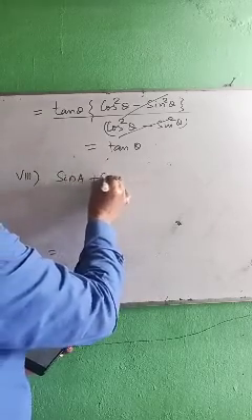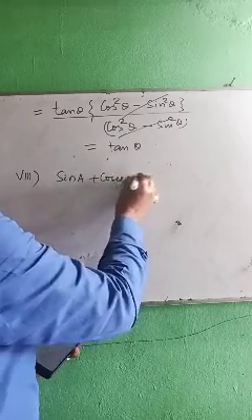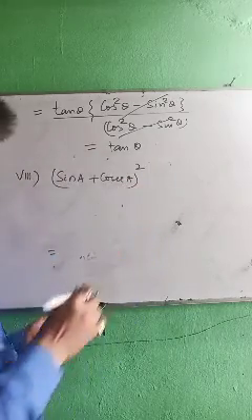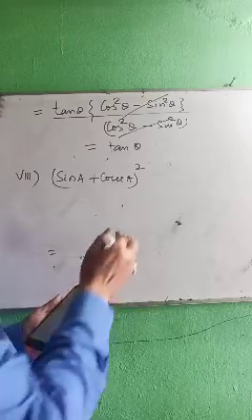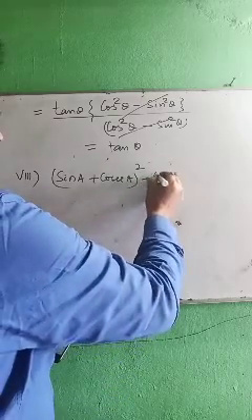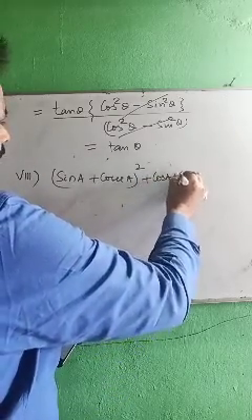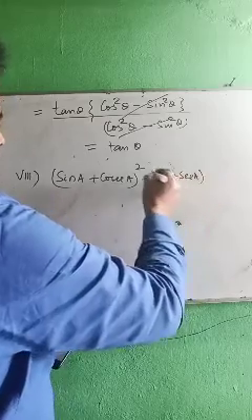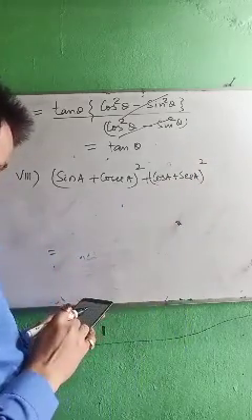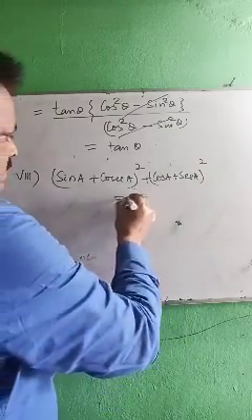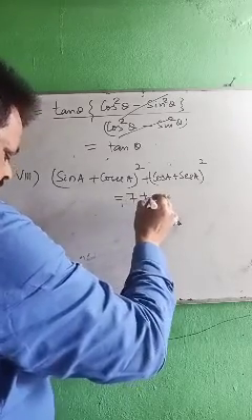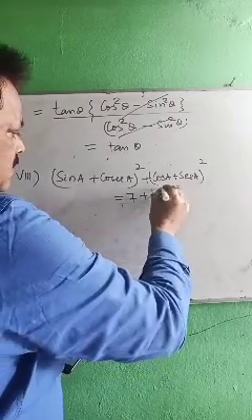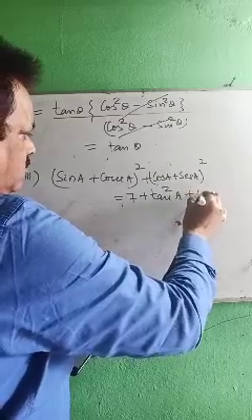(Sin A plus cosec A) whole square plus (cos A plus sec A) whole square equals to 7 plus tan square A plus cot square A.